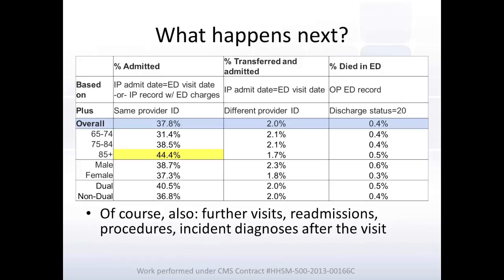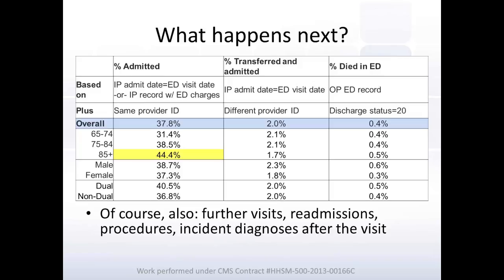And last, we can think about what happens after the emergency department visit. Here we used dates of inpatient codes and emergency department visits, provider numbers, and discharge status codes to get admitted at the same hospital, transferred, meaning admitted by a hospital with a different provider number than the ED, and died. For example, nearly 40% of patients are admitted at the same or another hospital, but it's only about 33% of those aged 65 to 74.